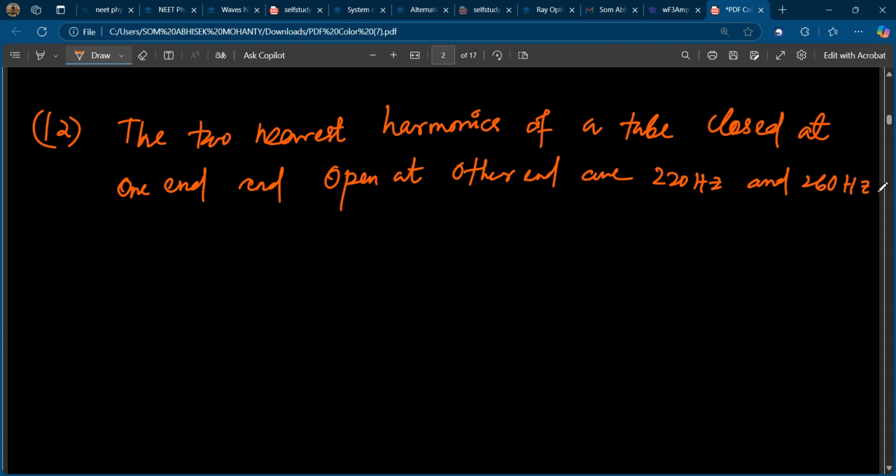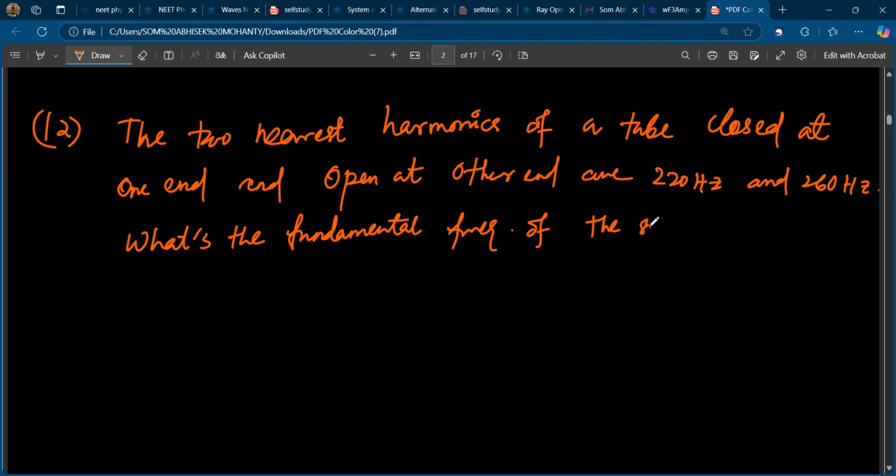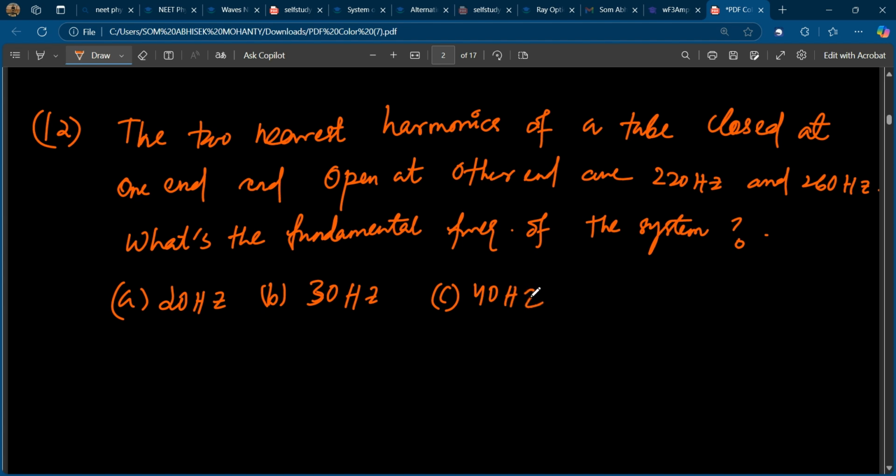What is the fundamental frequency of the system? Option A 20 hertz, option B 30 hertz, option C 40 hertz, and option D 10 hertz.